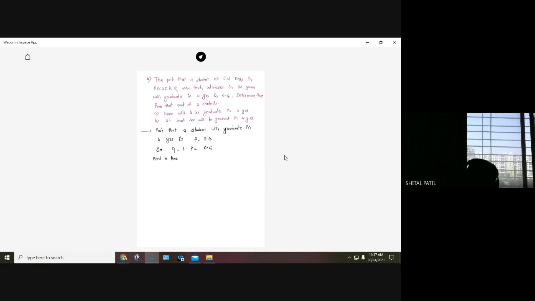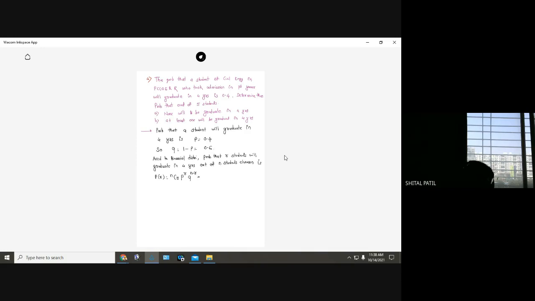According to binomial distribution, probability that R students will graduate in 4 years out of n students chosen is NCR P raised to R Q raised to n minus R. So how many students are selected?